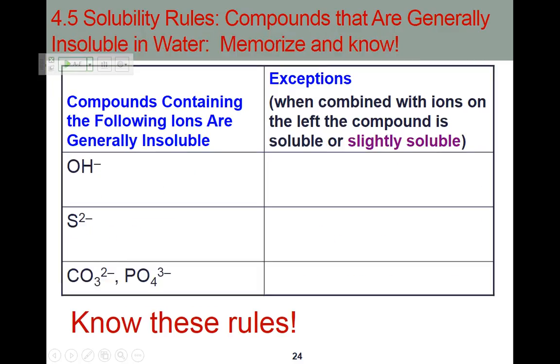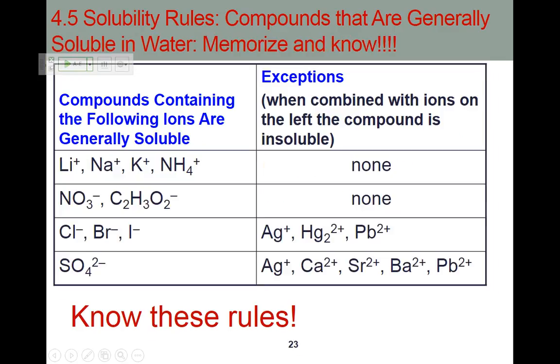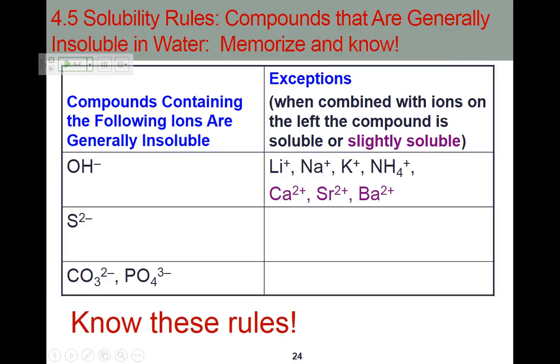Now these compounds are generally insoluble, with exceptions. Our OH- ions are generally insoluble, except when they're bound to lithium, sodium, potassium, NH4+. Remember, those are the ones that had no exceptions, so that makes sense. And then also calcium, strontium, and barium. So our hydroxide, that's our OH-, which causes our base typically, can also be bound to those second column ions.